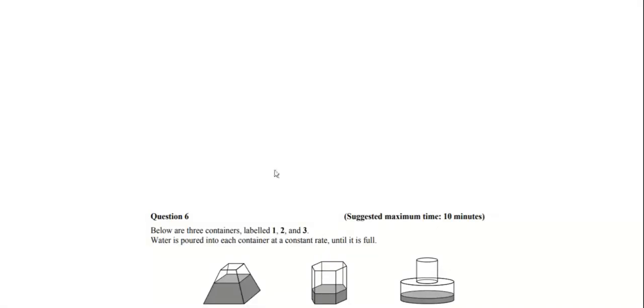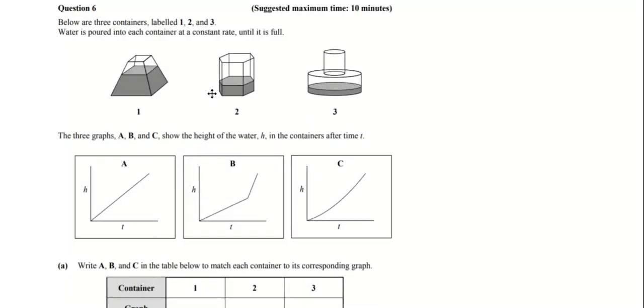Question 6 is an unusual one. It's in the area and volume part. When the cross section, when the surface area stays the same throughout the object, it means its height is going to be gained at the same rate. It's like when you fill a glass.